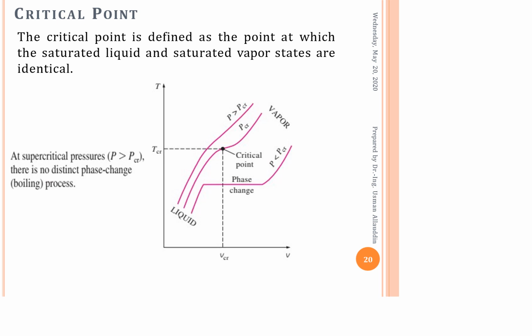We already know that the saturated mixture is the straight line between compressed liquid and superheated vapor, where our liquid is converted into vapor. The critical point is defined as the point at which saturated liquid and saturated vapor states are identical.